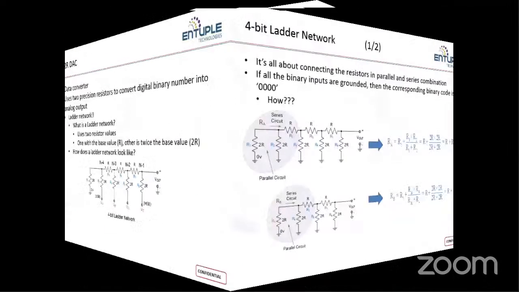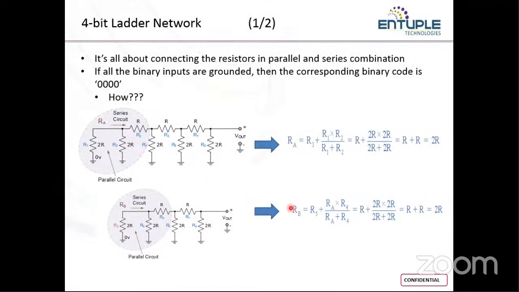Then we are going to connect all the resistors in parallel and series combination. If all the binary inputs are grounded, then the corresponding binary code is 0000. But how are we connecting everything? We have to figure out the value of equivalent resistance.